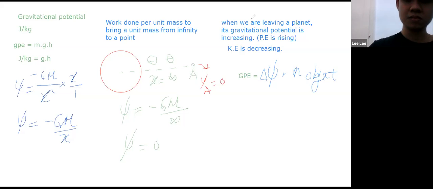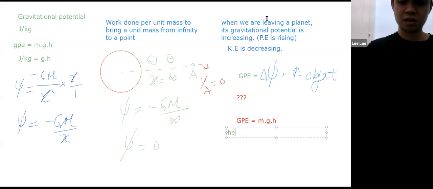So the question is, can we still use the GPE formula, which is mass times gravity times height? You can only use this formula if the height is much smaller than the radius of Earth.